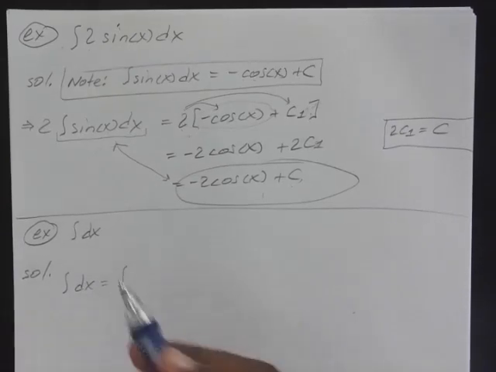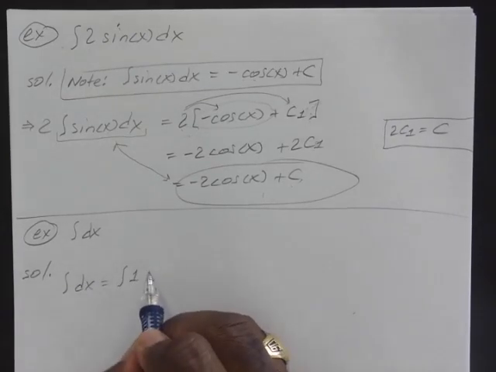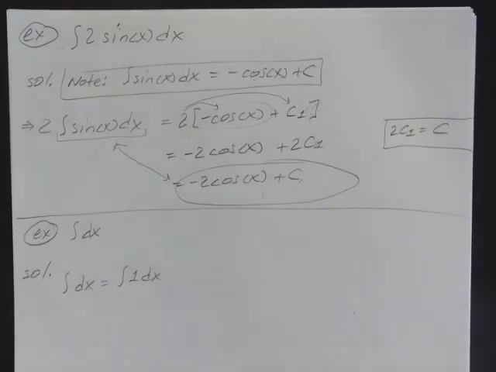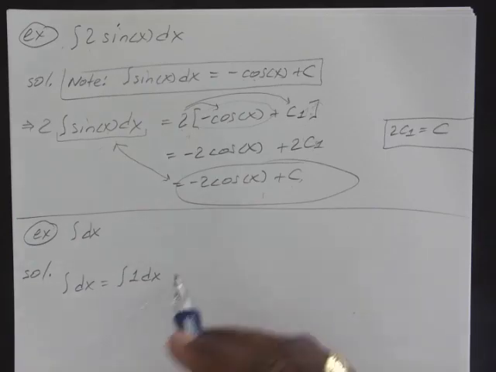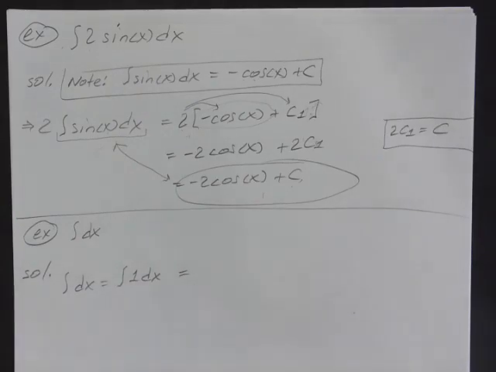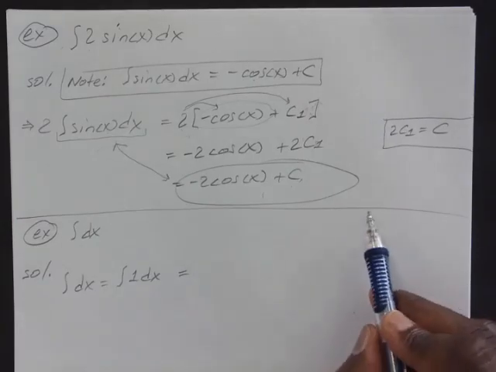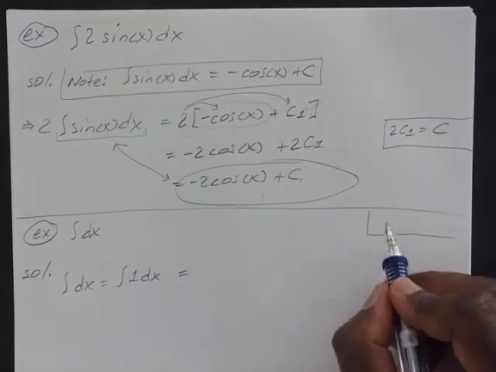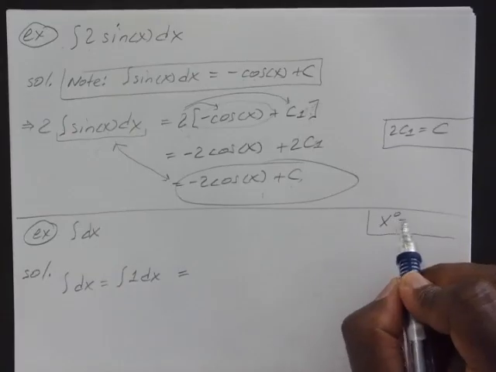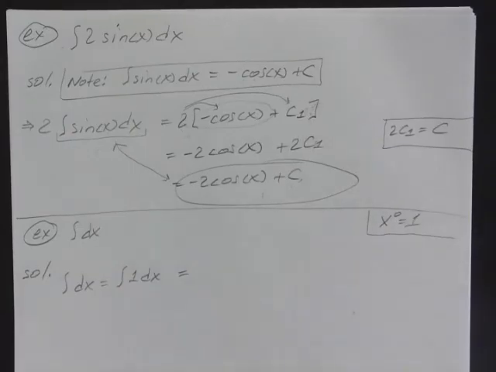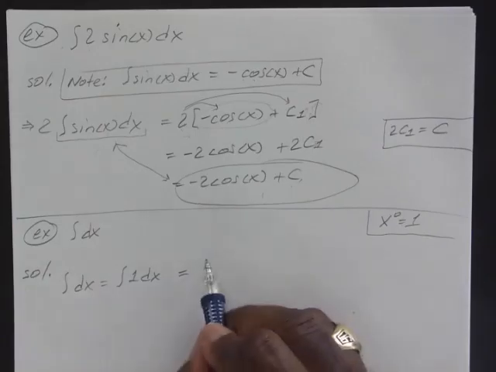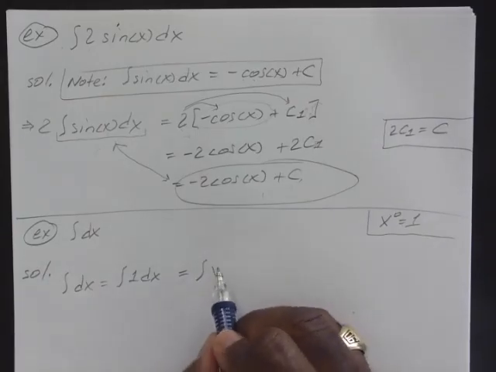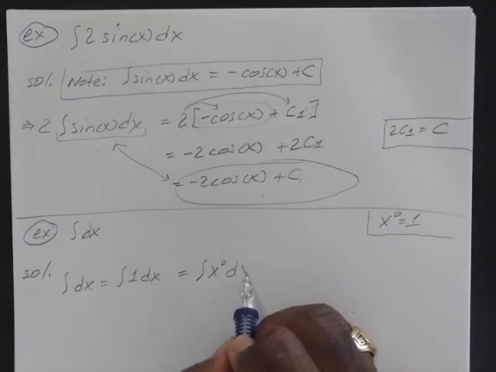It's just the antiderivative of 1 dx. Okay. We also remember that x to the power of 0 is equal to 1. So we can write that as the antiderivative of x to the power of 0 with respect to x.